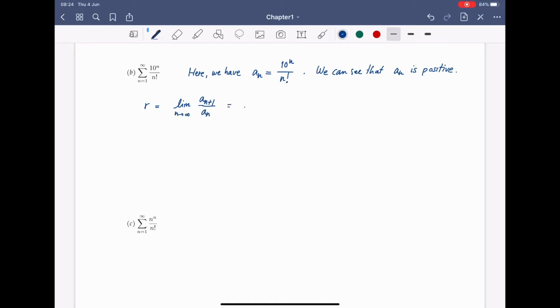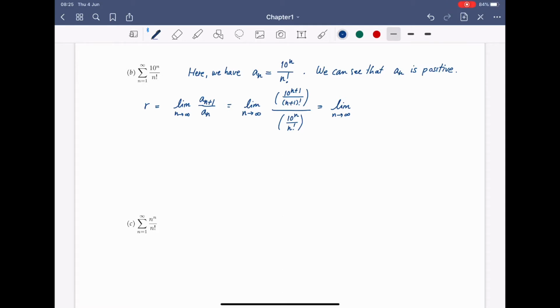And then you have limit n goes to infinity. So a sub n plus 1 is 10 to the n plus 1 over n plus 1 factorial. And then a sub n is 10 to the n over n factorial. For those of you who are not familiar with this algebra, please go slow, because you could make a mistake here.